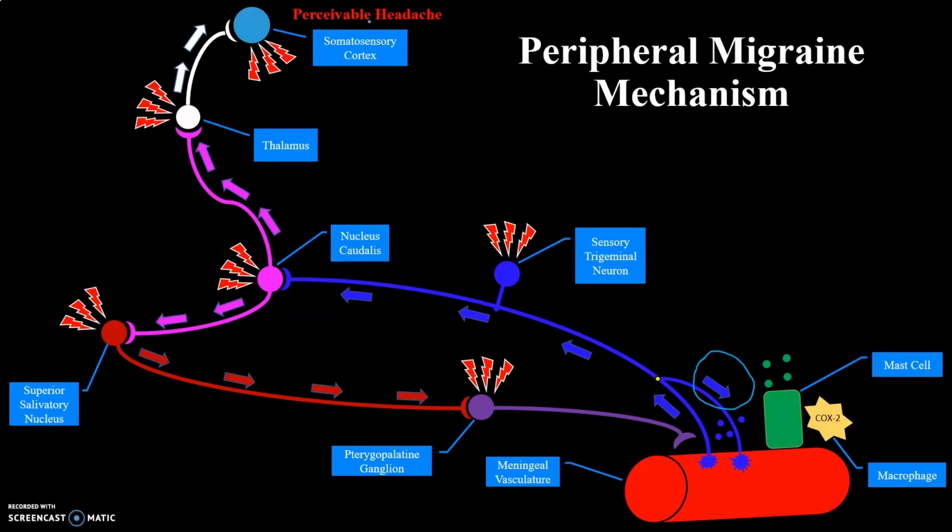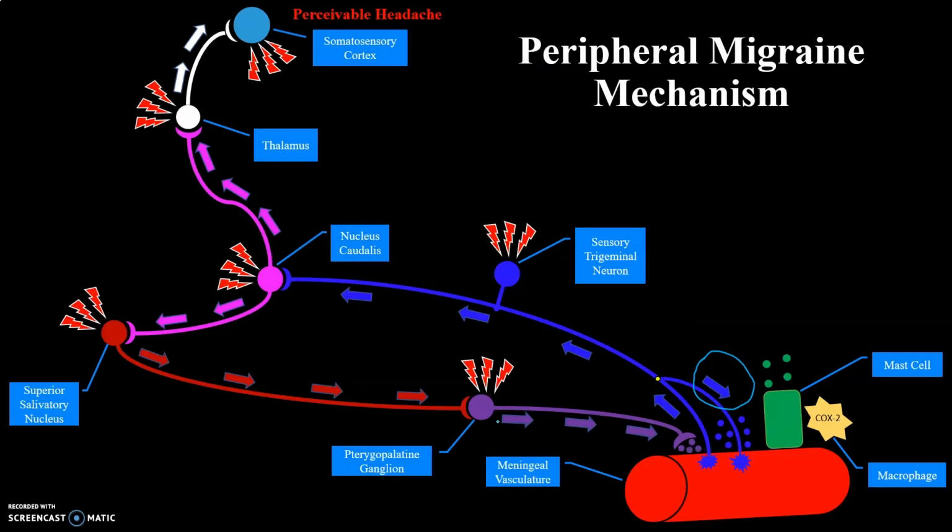So as the preganglionics from the superior salivatory nucleus synapse in the pterygopalatine ganglion, so this is moving back towards the vasculature, it then triggers the nerves within the pterygopalatine ganglion to send action potentials to their effector organs. In this case, the effector organ is meningeal vasculature.